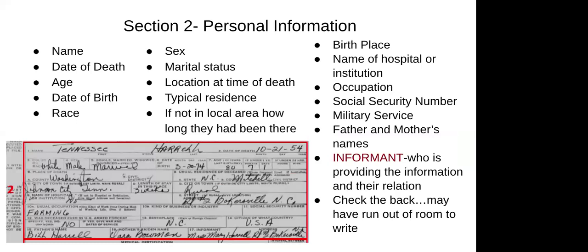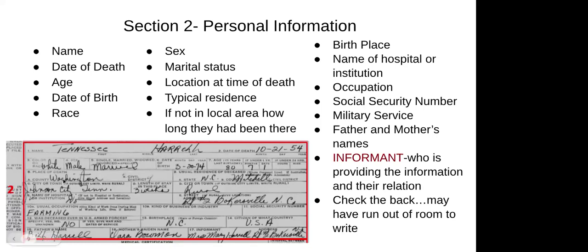The second section, this is where most people tend to stop looking at. This is where they get the information they want and then they quit reading, because this is your personal information about the person who passed away. You have their name, their date of death, age, when they died. Sometimes they even have months and years. Their race, sex, marital status, the location of the death, where they typically resided.